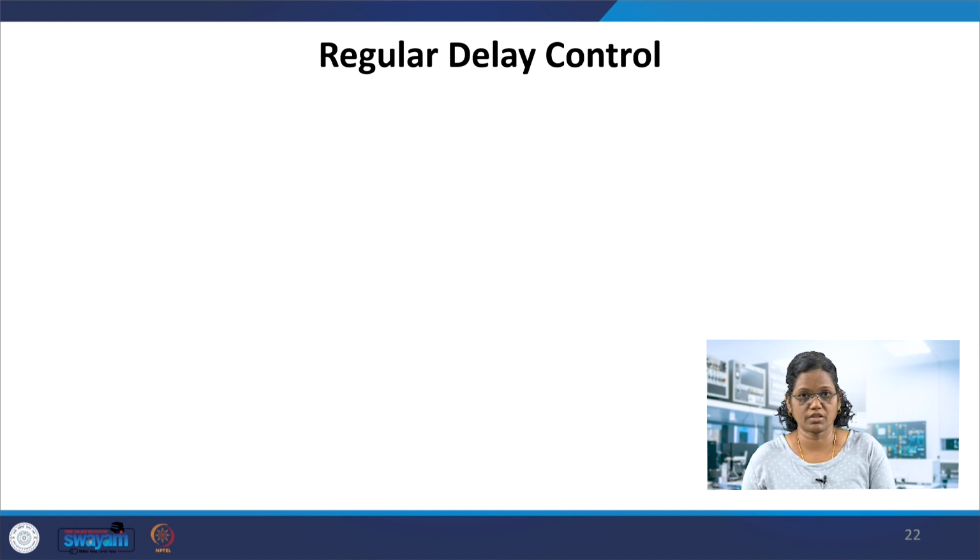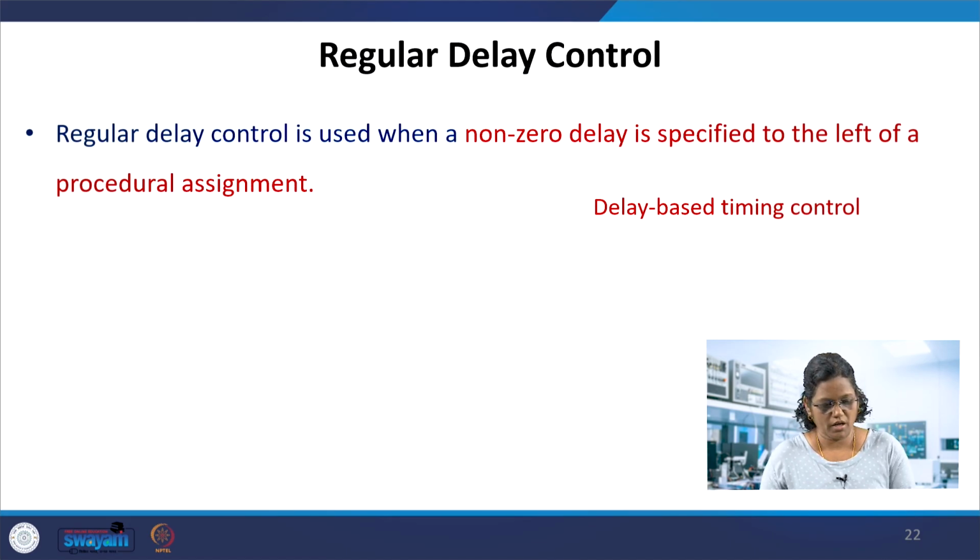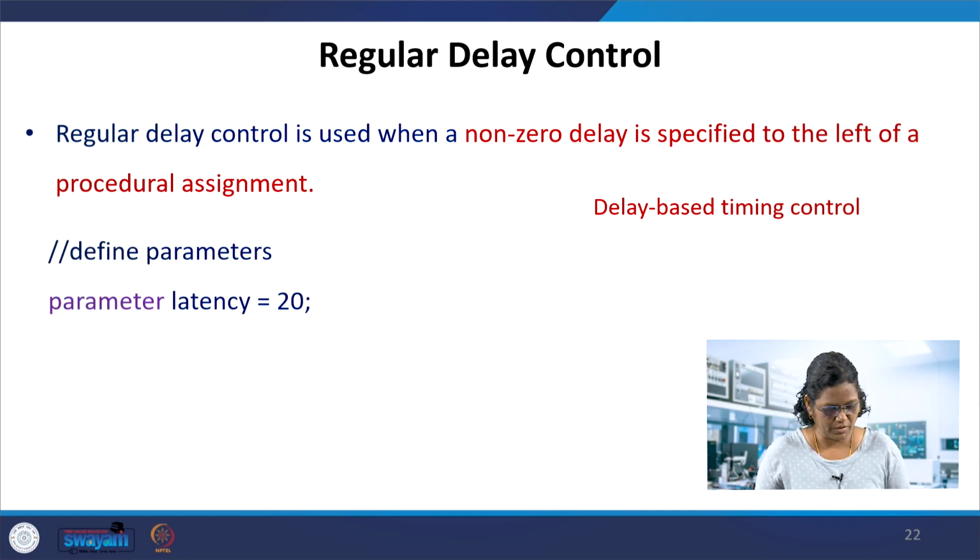The first category is regular delay control, which is time based. It has a non-zero delay specified to the left hand side of the procedural assignment. Let's see some examples.